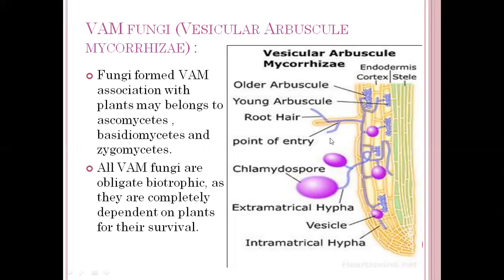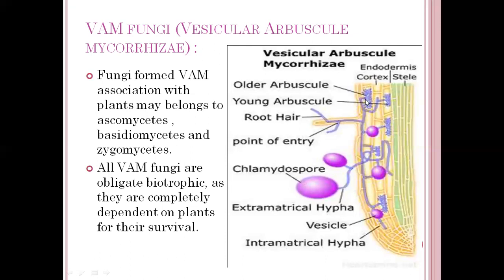So here in this figure, you can see the VAM mycorrhizae structure, where through the root hair, the chlamydospore hyphae get the entry and form the arbuscules inside the cells. You can see the young arbuscules, which are smaller in size, and the older arbuscules, which have developed into the whole area inside the cells.